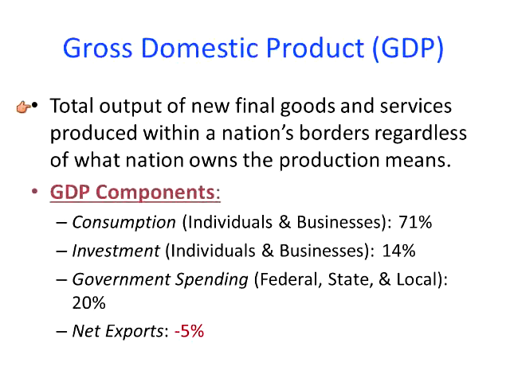As you can read, it's the total output of new final goods and services produced within a nation's borders, regardless of what nation owns the production means. So if Germany has a company here in the United States and makes the product here, it counts in the GDP. Okay? Now, what about the formula for GDP?